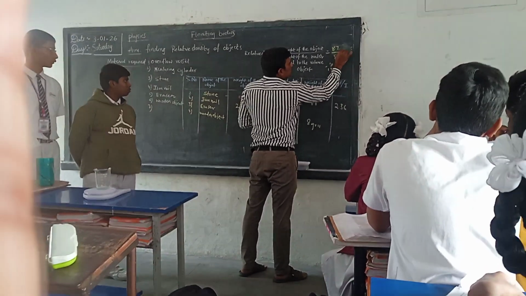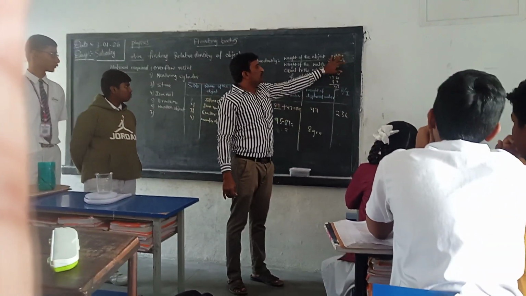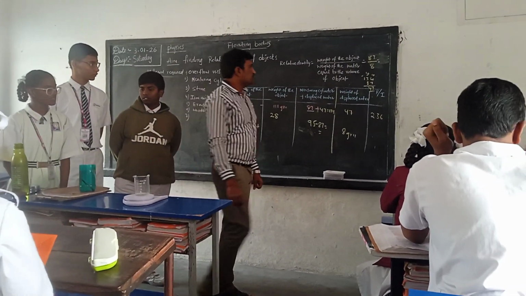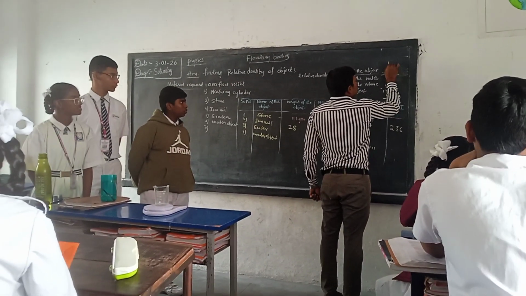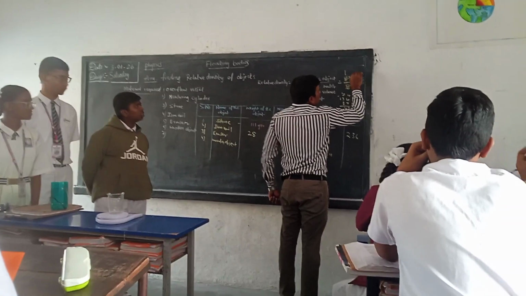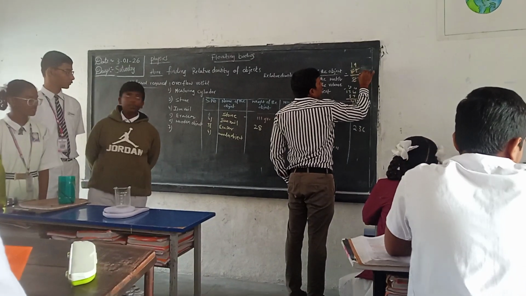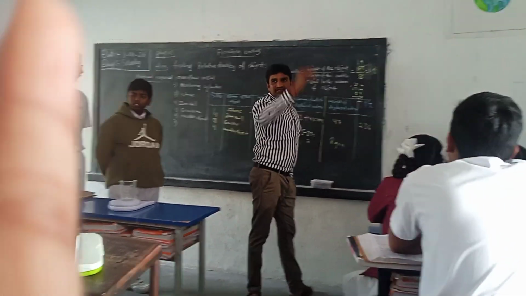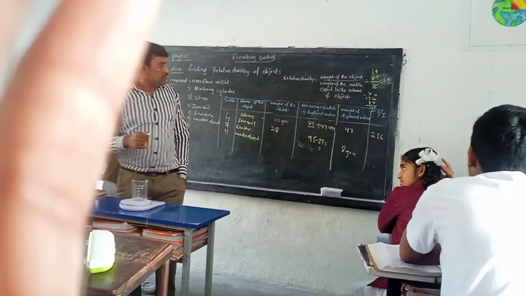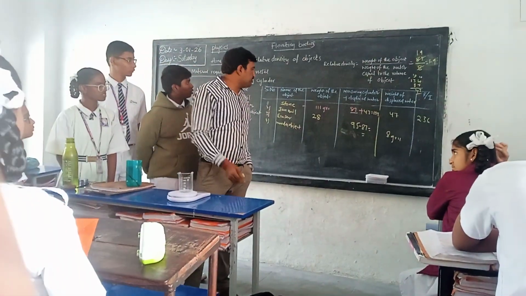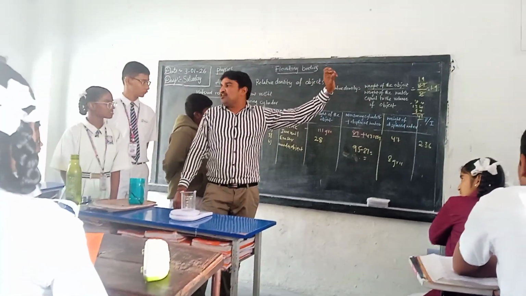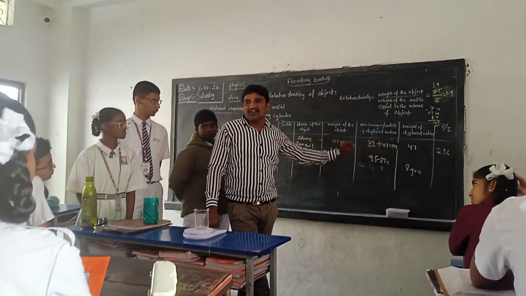So we divide the weight of the iron nail, 15.2, by 8, and we get the relative density of this iron nail. The relative density of the iron nail is 1.9, which is more than 1. So the object sinks in the water.